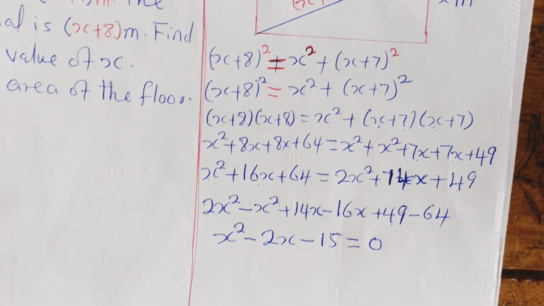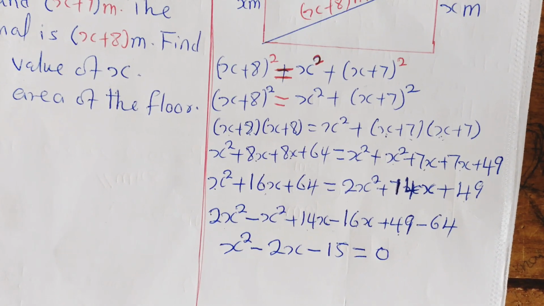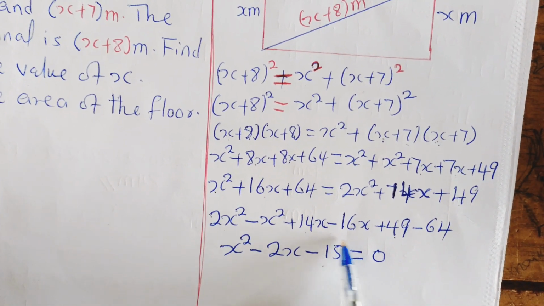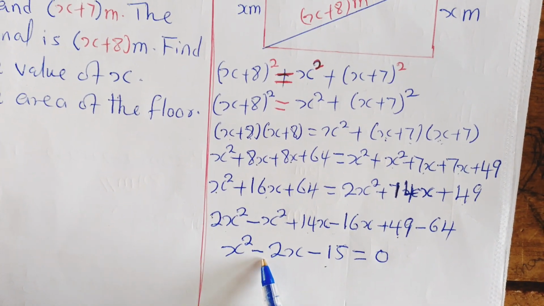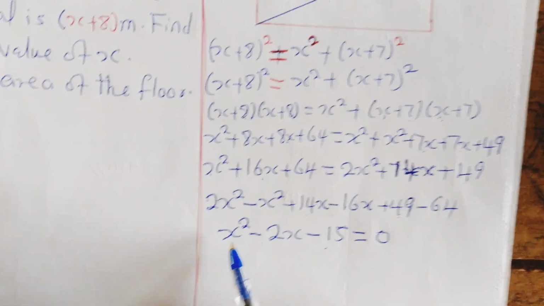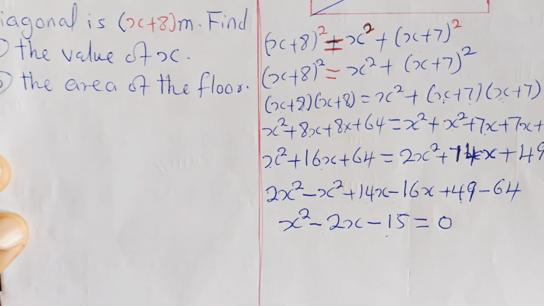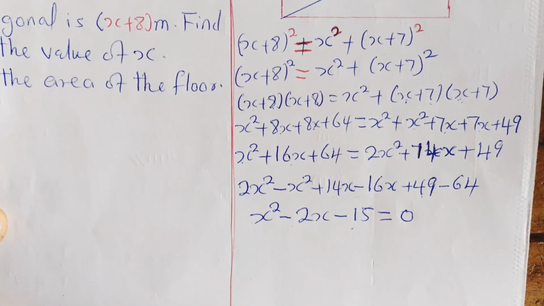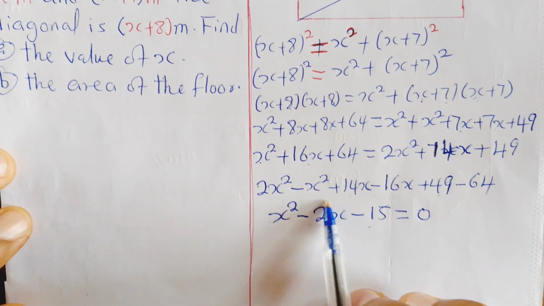So I am now forming a quadratic equation. I will look for the factors of 15 which, if I add, I'll get negative 2, and if I multiply, I'll get negative 15. Don't forget, the coefficient of x squared is just 1, so there's no need for me to multiply the coefficients. Those numbers will be negative 5 and 3, because I want to get negative 2 here.